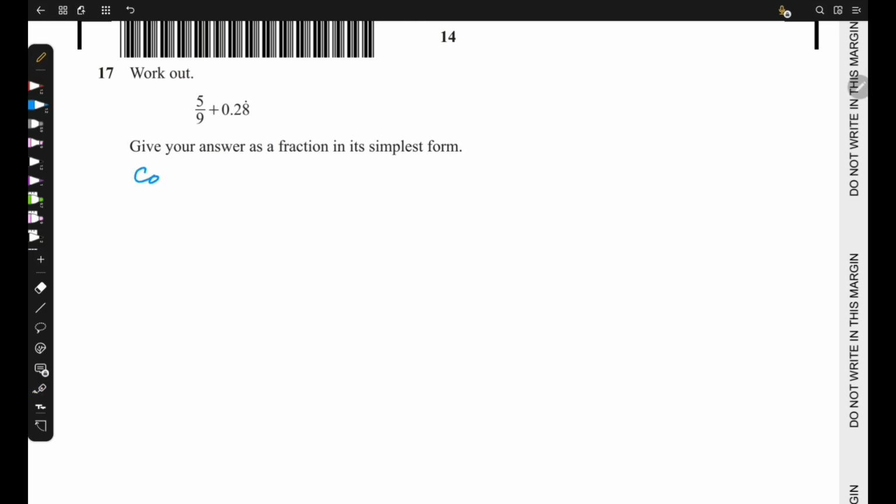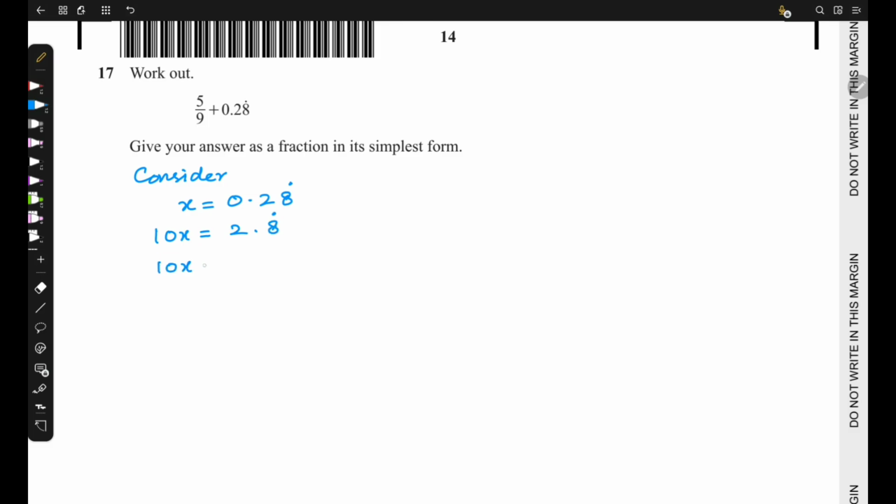Now let's take a variable x as 0.28 with the dot over the 8. We want only the recurring decimals after the decimal point, so we will multiply by 10 on both sides, 10x, and on the right side we get 2.8 recurring.